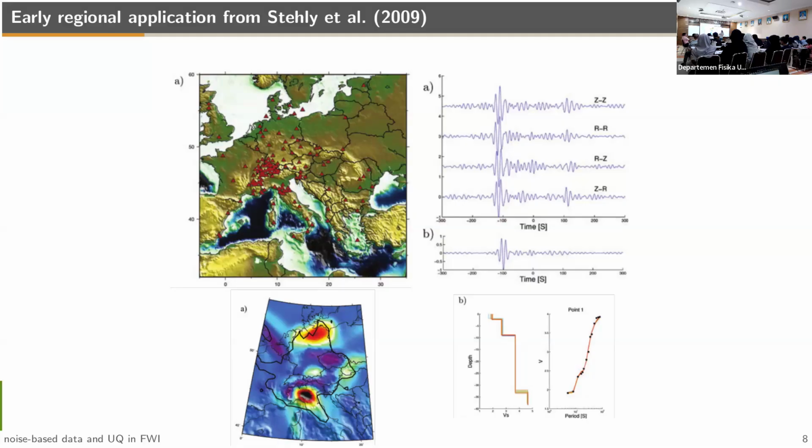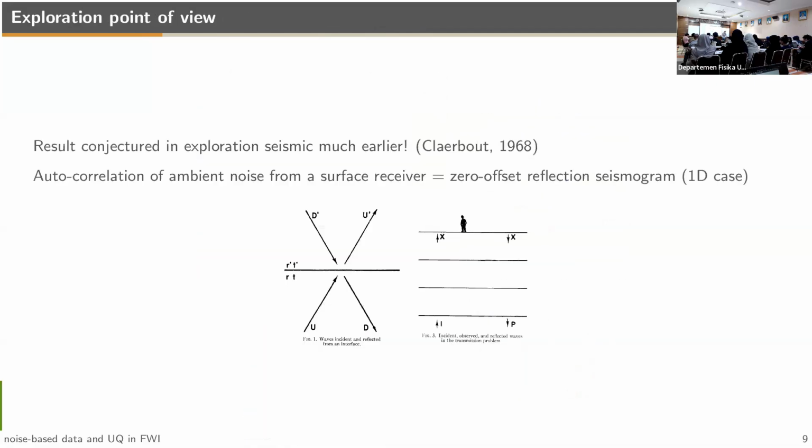From those Green's functions, either phase velocity or group velocity dispersion curves can be picked, and a local 1D velocity model can be obtained. By doing that for each of the pairs of stations, an approximated model can be obtained under the European continent.